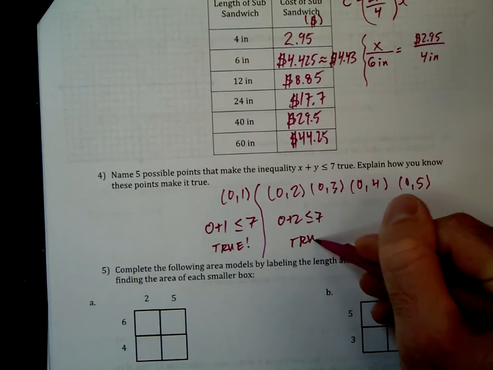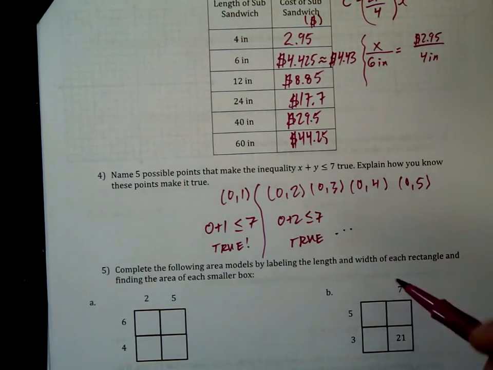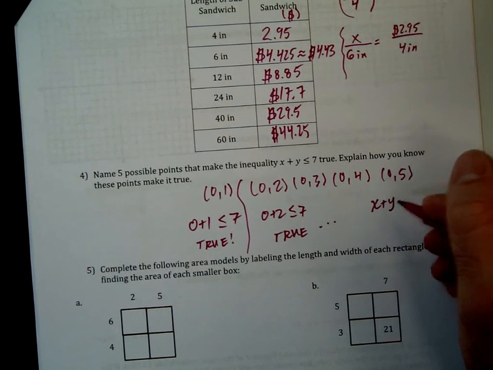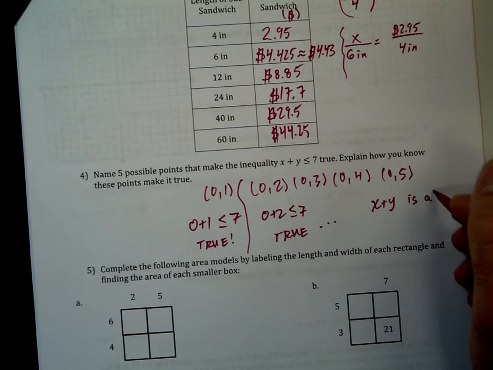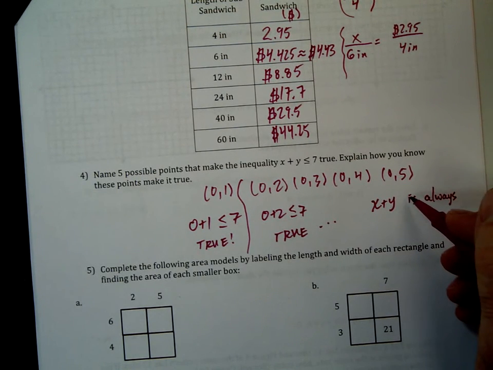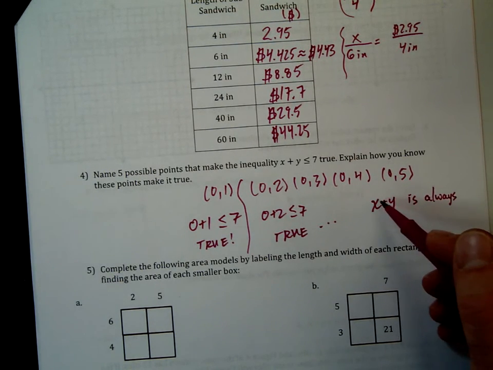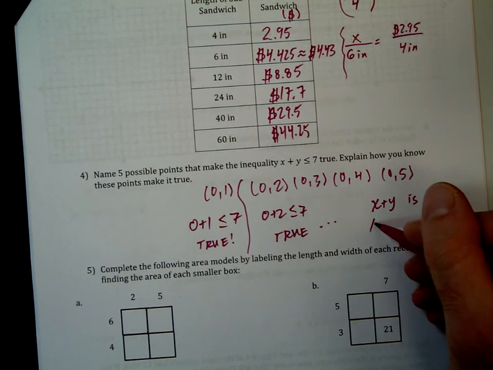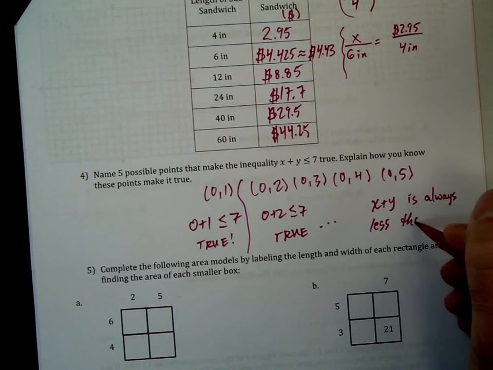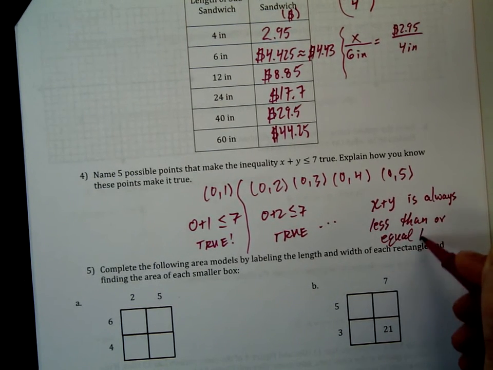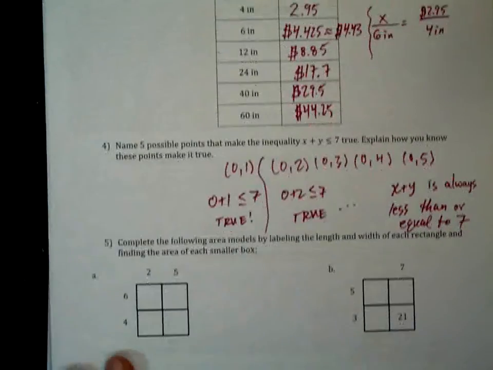And we could do that for all the points. So we could say, as our explanation, x plus y is always less than or equal to 7. Okay, here we go.